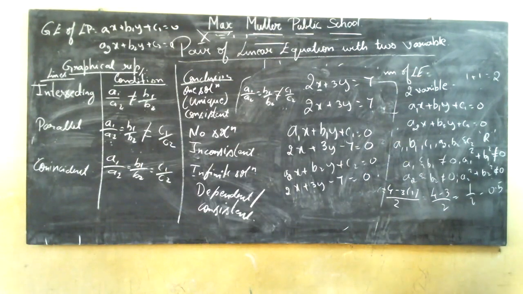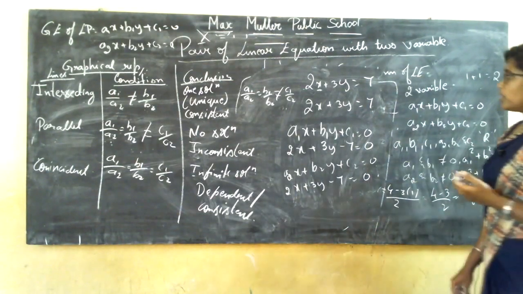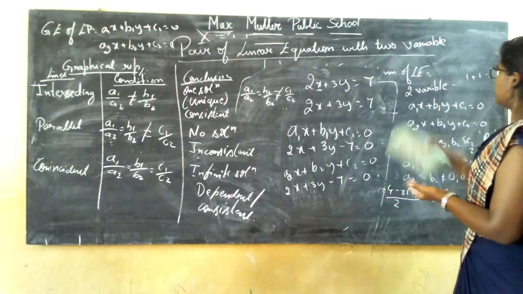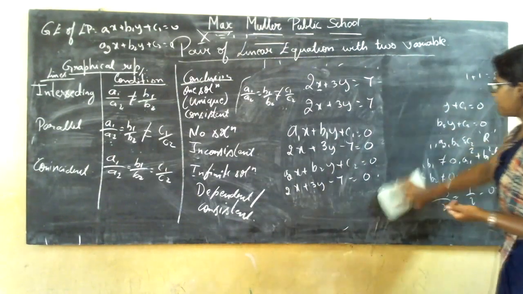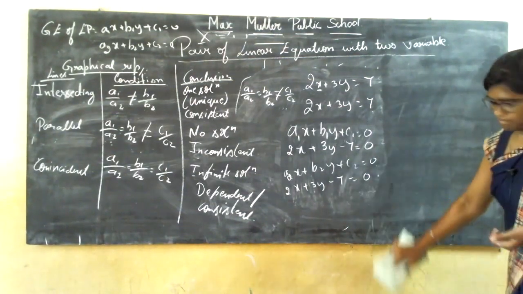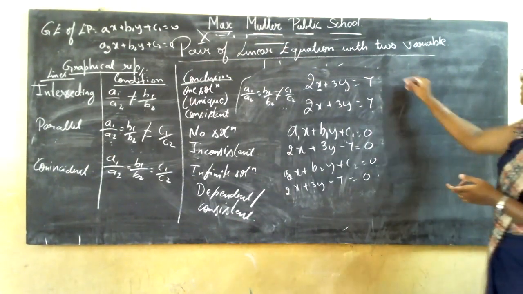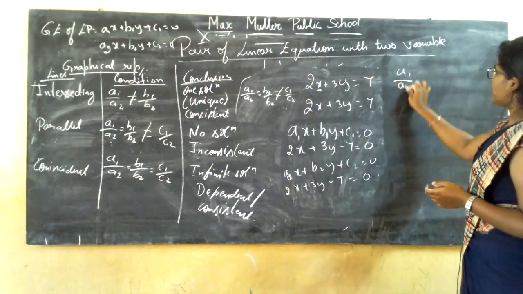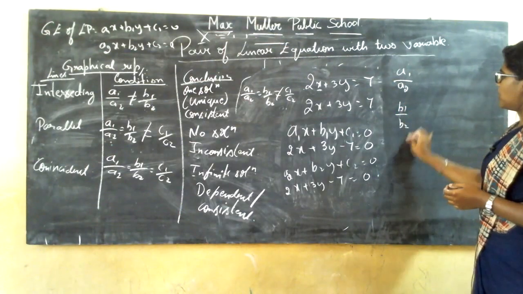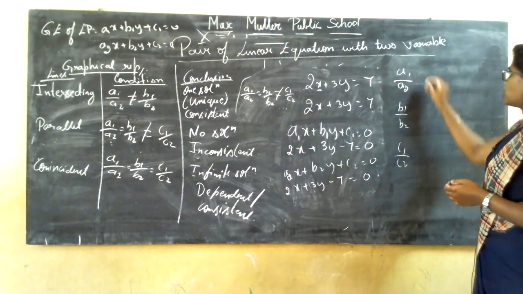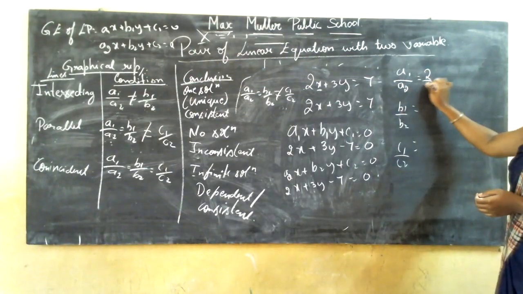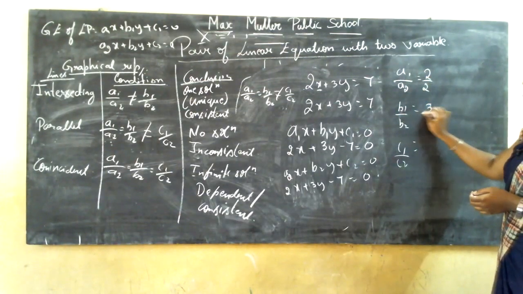Whether a1 by a2 is equal to b1 by b2 and it is equal to c1 by c2. Now you are going to see whether these ratios are equal or not. What is the value of a1? It is 2. What is the value of a2? It is also 2. b1 is 3.